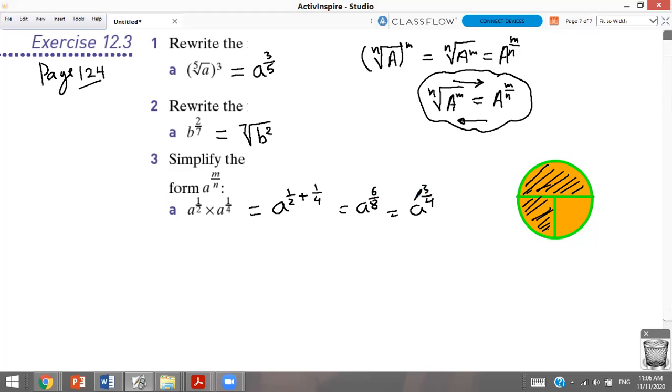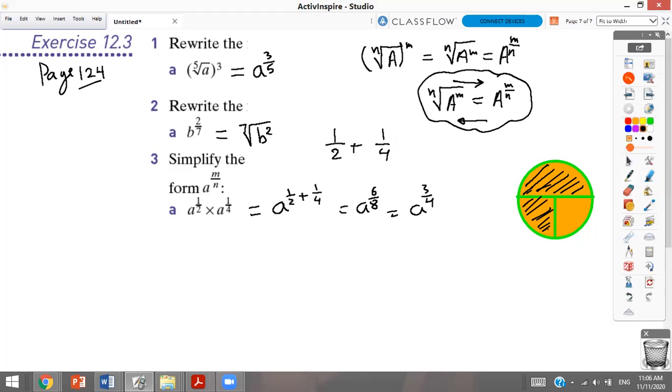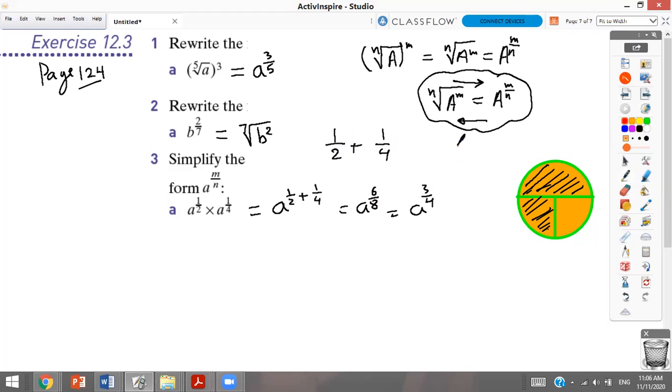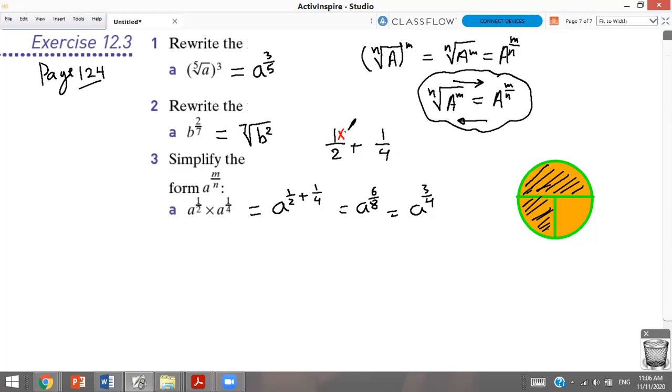But if you want to do it using your mind without a calculator: 1/2 plus 1/4. You remember, to make a common denominator, you multiply here by 2. It's easy.